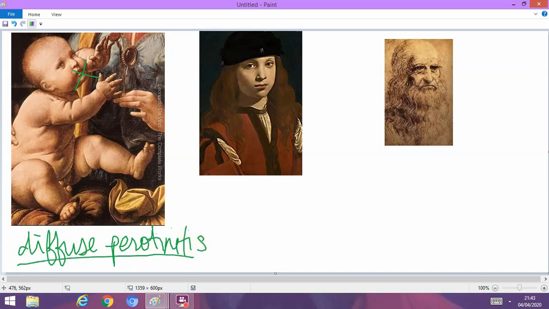Now, if you go towards the age group of children, then you see that two symptoms are very prominent in them. Number one is vomiting. Number two, diarrhea.